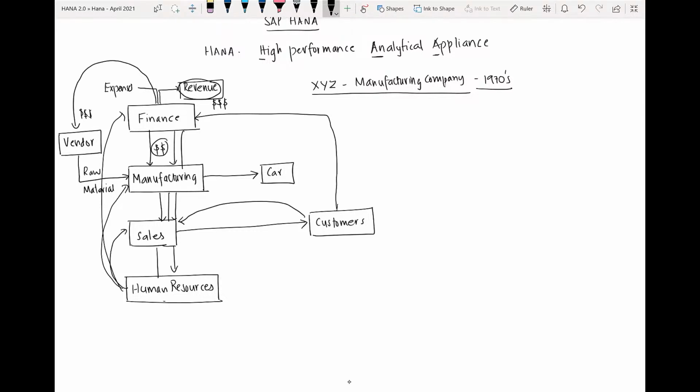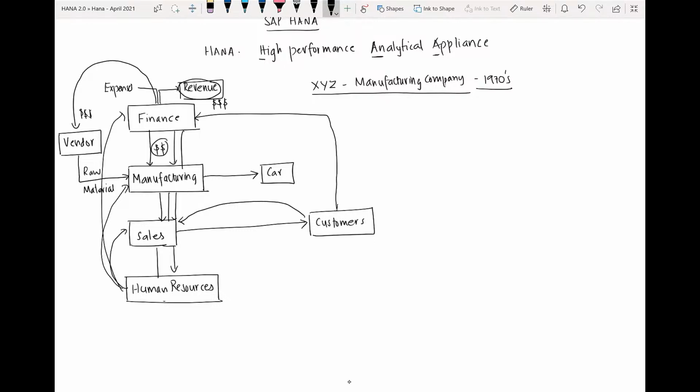Now, how did this integration happen? In those days, I'm talking about the 1960s and the 1970s, how did organizations make sure that the communication between the finance department, the manufacturing department, sales and human resources was happening well?